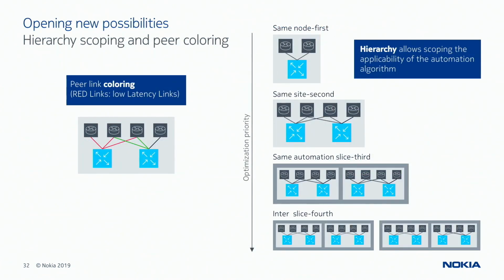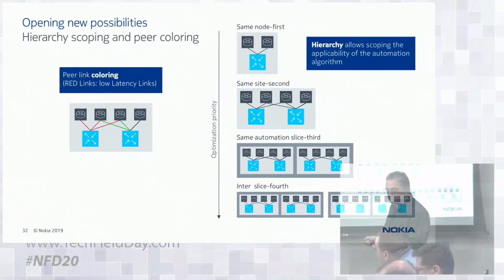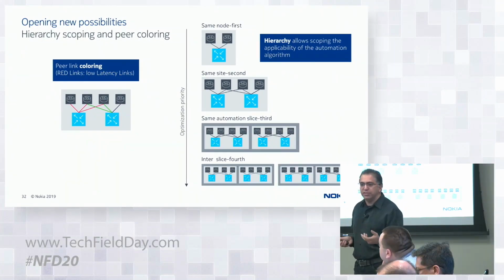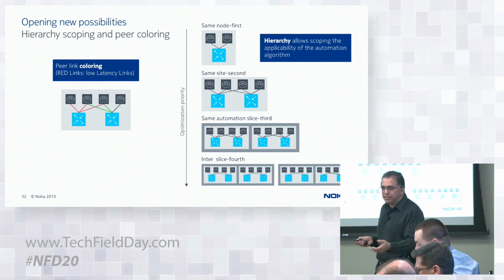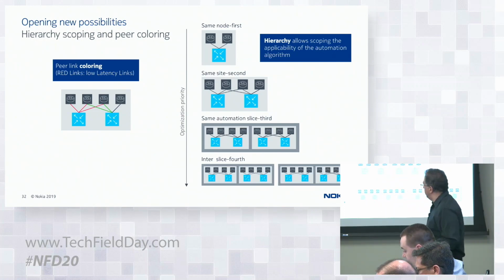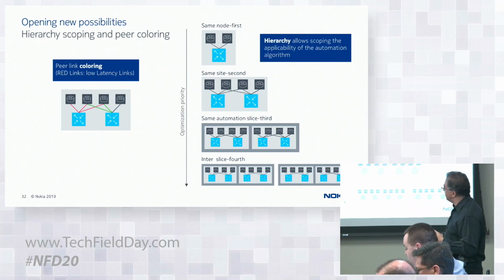In addition to that, you can now do things we couldn't do before, like tagging the links, and that tag may have a business meaning versus a routing meaning. For example, it may be a low-cost link or a low-latency link, and the algorithm will start moving traffic considering that filter. You will also have hierarchical optimization.